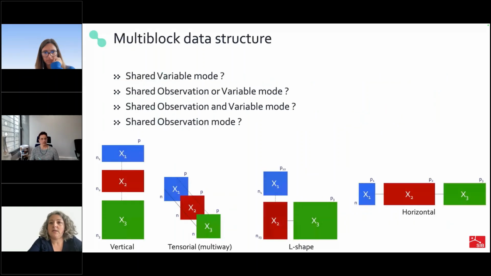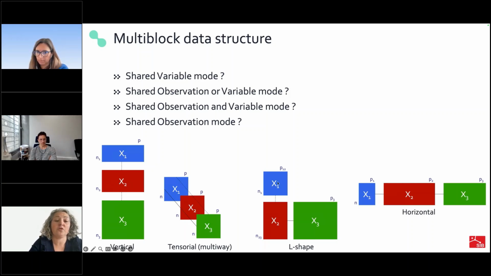So here in this low-level data fusion, you need to think about the data structure you are facing. Either you can integrate vertically if you have different samples, for example, but the same variables that were measured. You can also have the same individuals measured with the same variables, but for example, at different times.